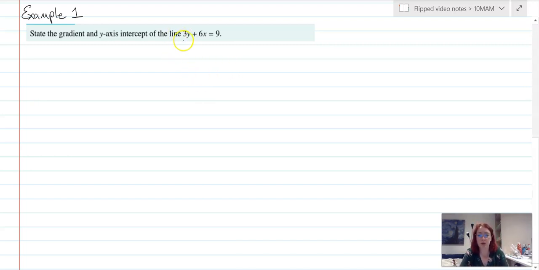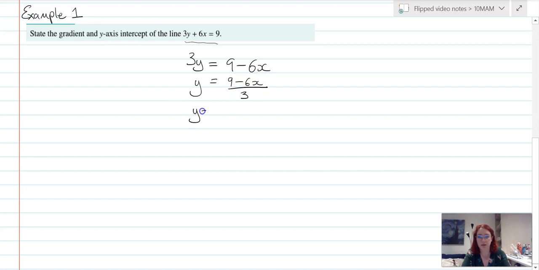In this case, where we've got 3y plus 6x equals 9, we need to rearrange it into the correct form. So we want to get it to y equals mx plus c. So I would take 6x away from both sides. So we'd have 3y equals 9 minus 6x. And then we're going to divide both sides by 3 to get y by itself. So you'd have 9 minus 6x over 3.